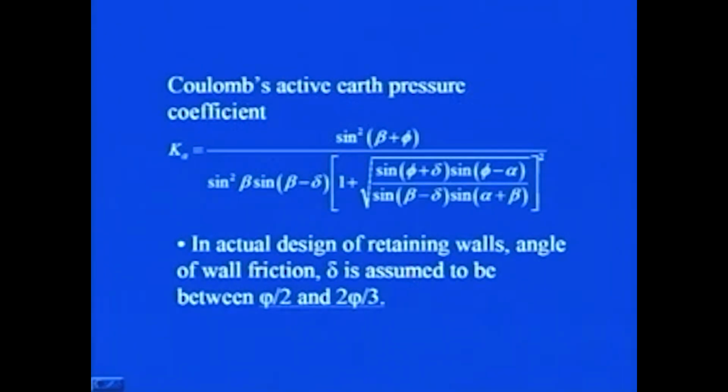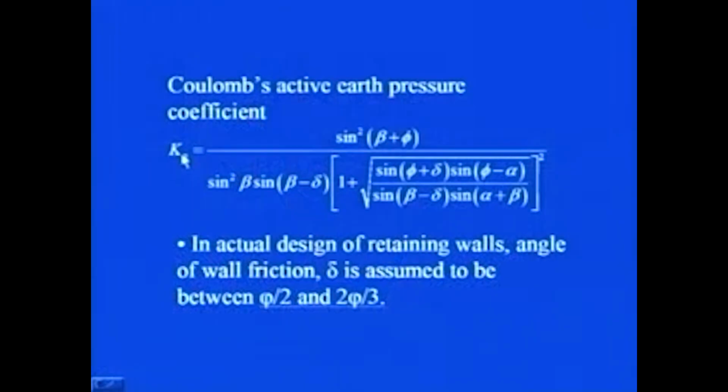Now, you see although the Ka is coefficient of active earth pressure, how you can determine it is a little bit different from the Rankine's analysis, because Rankine's takes care of the inclination of the back face of the wall plus angle of wall friction and all other this phi and beta aspect.